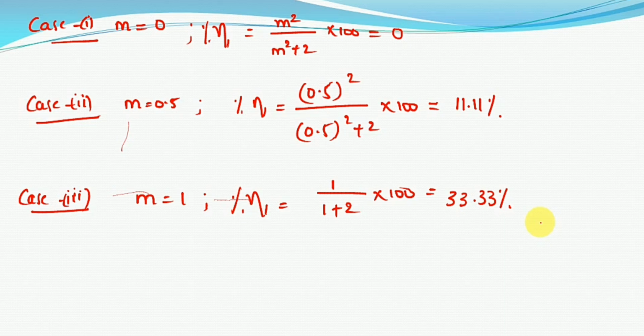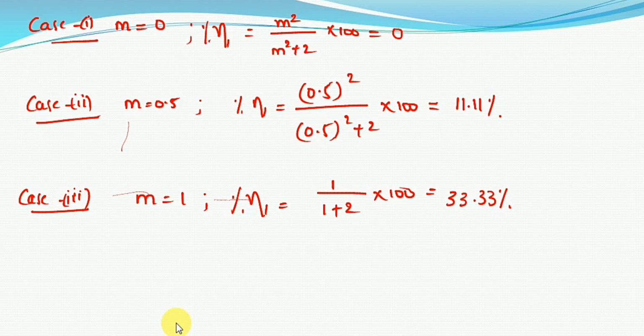Based on these cases, that is for m equal to 0, m equal to 0.5 and m equal to 1, we can say that there exists a wastage of power for the transmission of a carrier signal. This is how we have concluded the efficiency with different modulation index values.